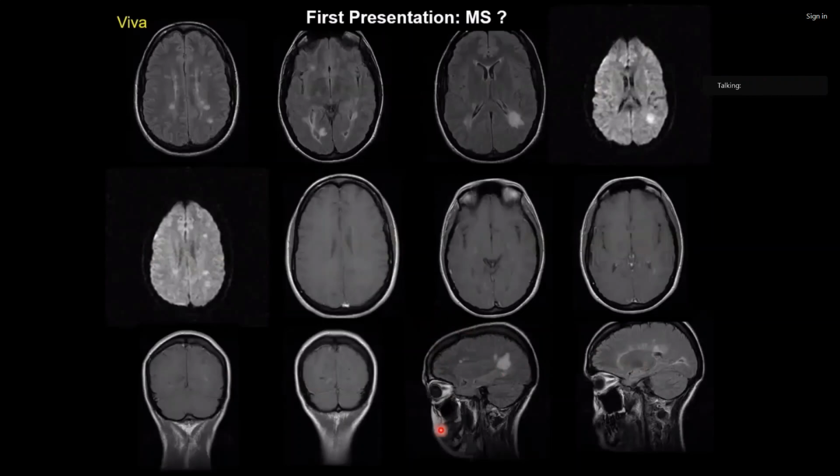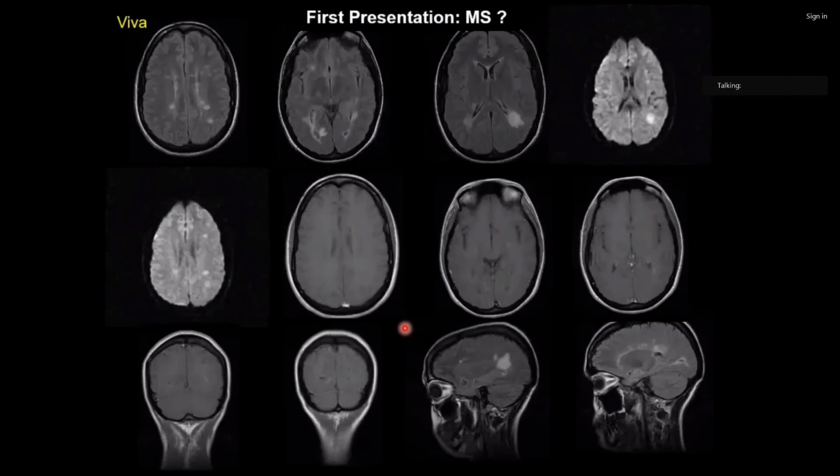Okay, so on the FLAIR sequence, I can see periventricular foci of high signal bilaterally. I can also see more confluent areas on the third image on the top row, which demonstrate restricted diffusion.